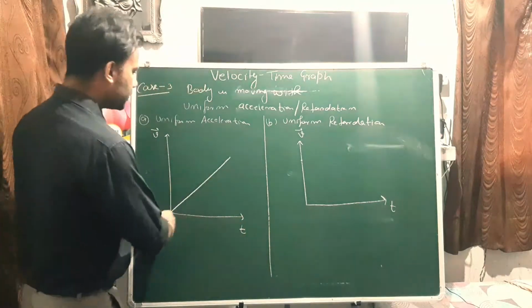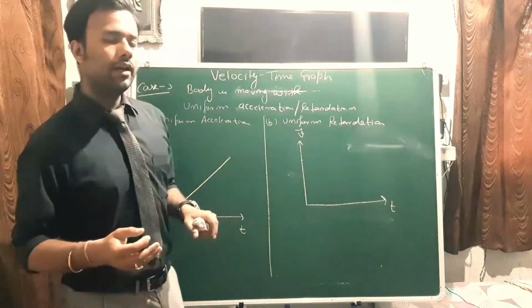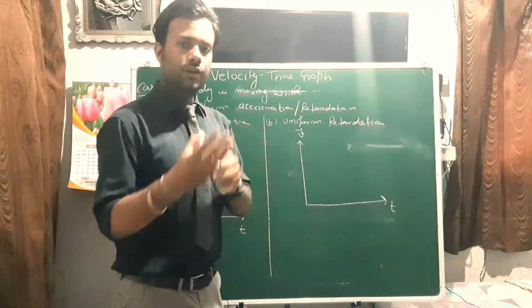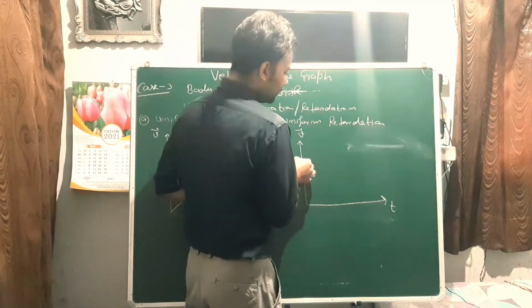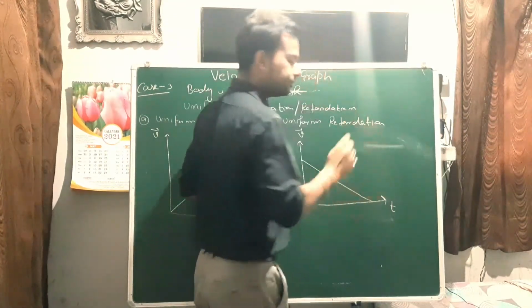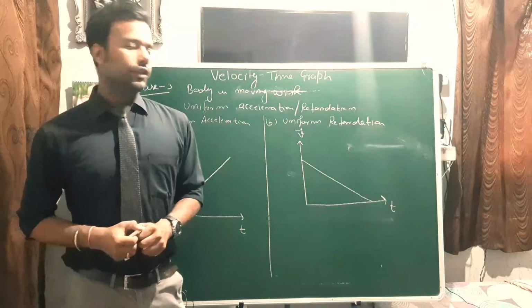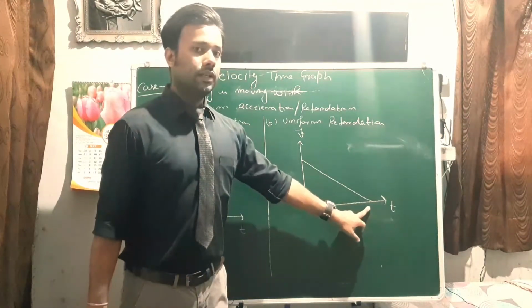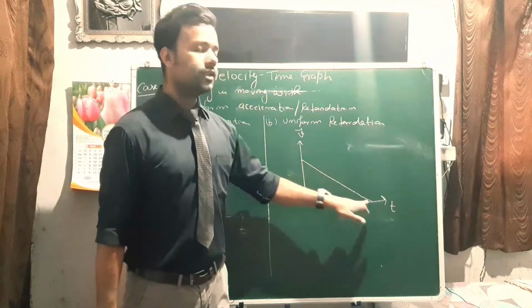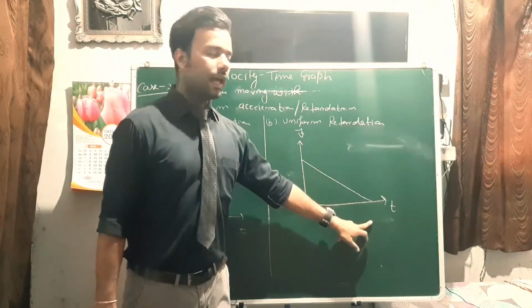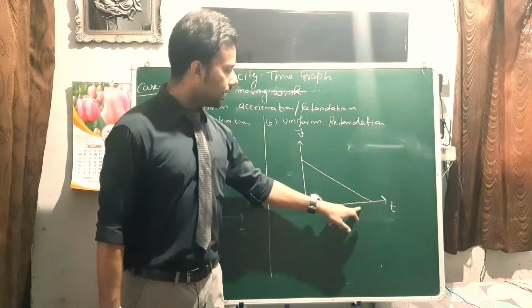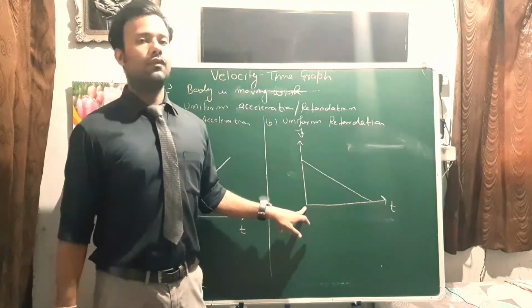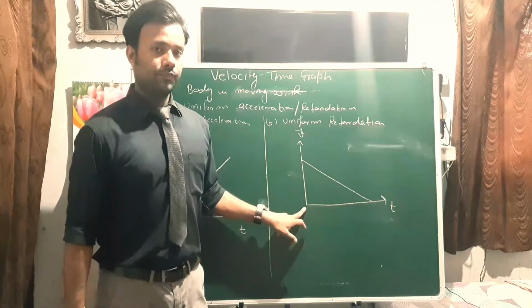So here the velocity was increasing. So how can a graph be made when the velocity is decreasing? That will be like this. You can see after some interval of time, this graph touches the time axis, and you can see at this point the velocity of the body is 0, right?